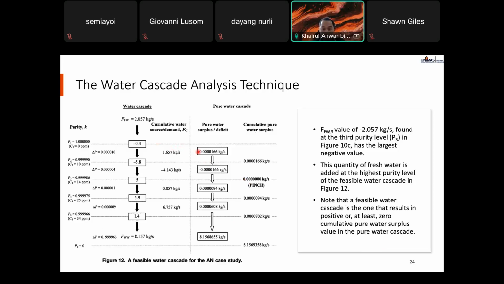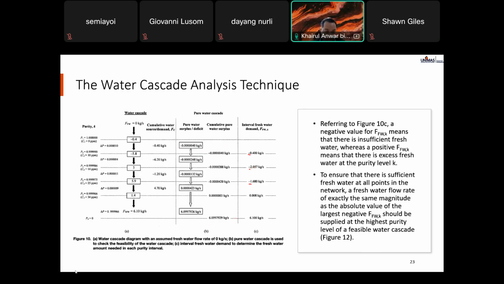So you see it. So the fresh water FWK should be applied at the highest level.